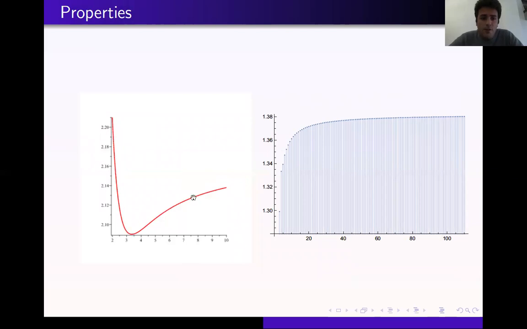If you have a look at the sequence, you see that from n equals 2 to 3 it is clearly decreasing. But then already from 3 to 4 it is slightly increasing, and from here on it's increasing. And here we did a drawing with Mathematica.